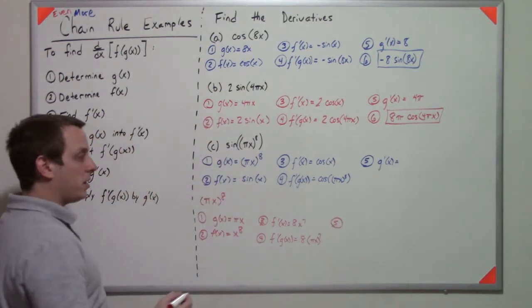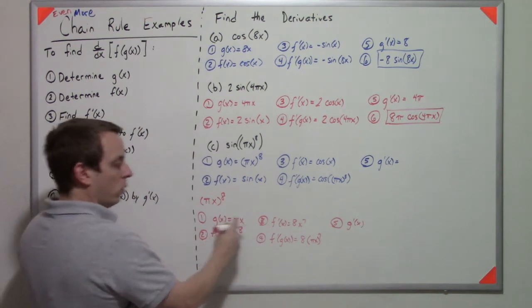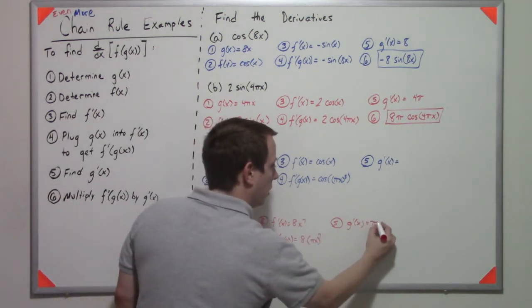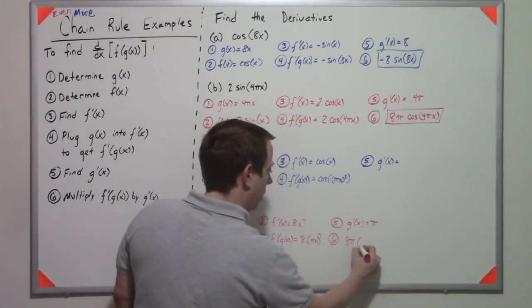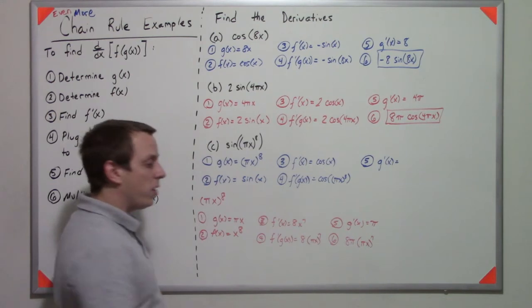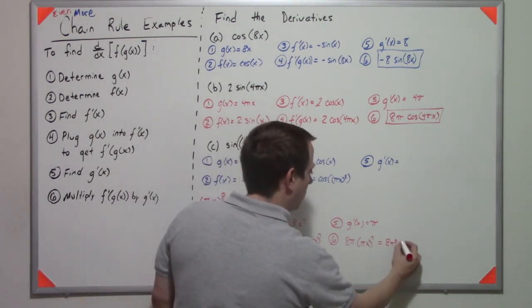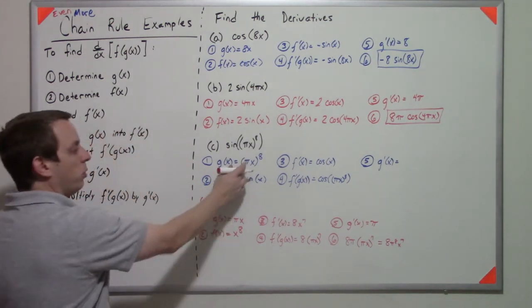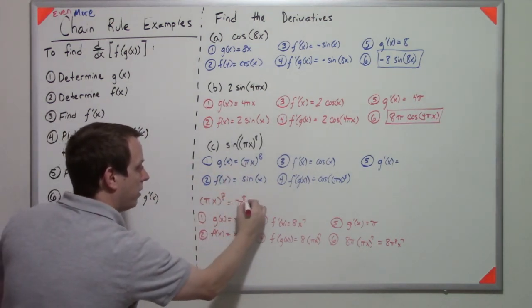So then my next piece is the g prime, which is just pi. So I end up with 8 pi x to the 7th, which by the way is 8 pi to the 8 x to the 7th, which is what you would have gotten if you had distributed that out as pi to the 8th, x to the 8th.